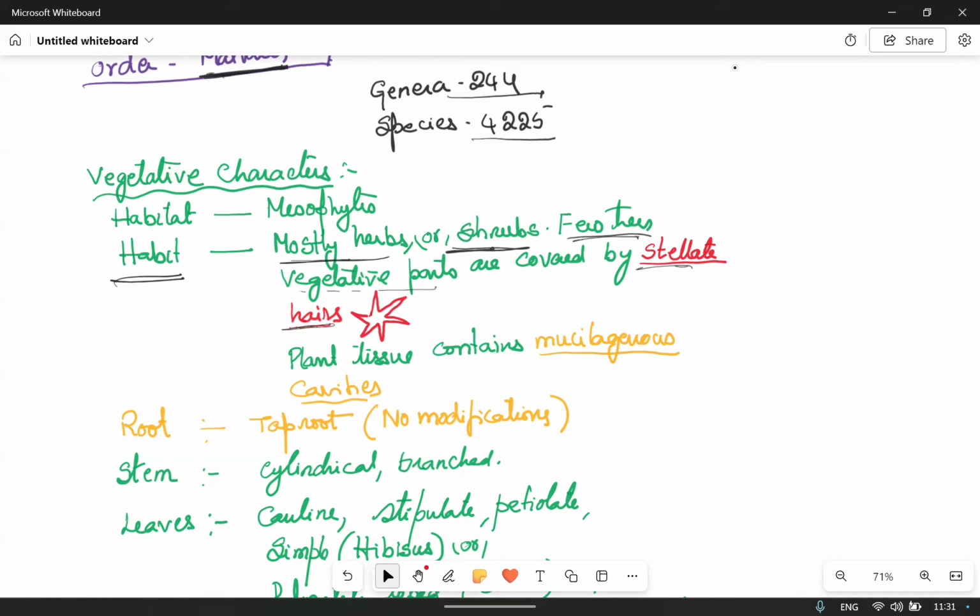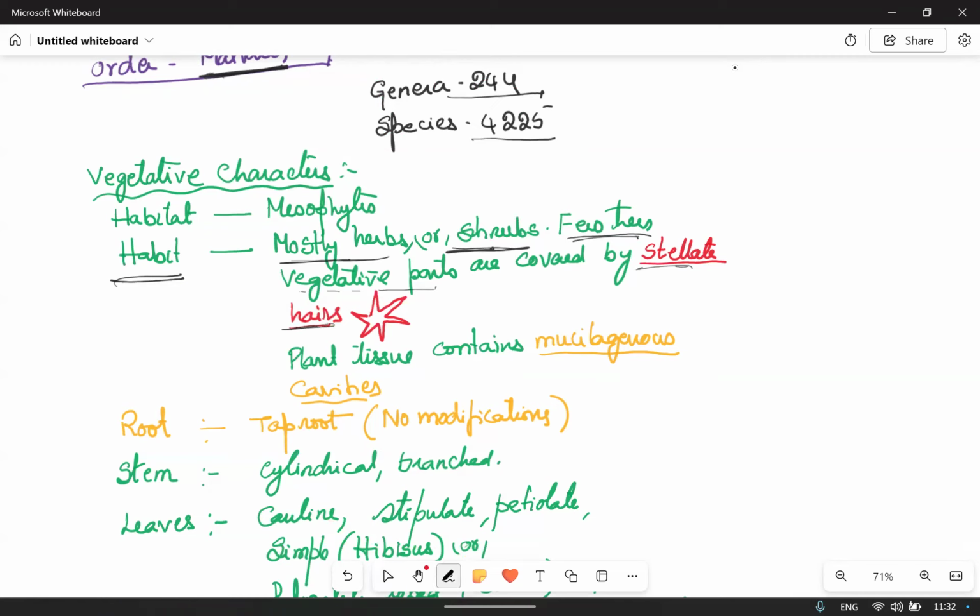Once you touch bhendi or gongura stem, you can see that rough texture because of the stellate hairs. All vegetative parts, the leaves, hibiscus leaves once you touch, have stellate hairs. Leaves, stem, and all those parts are covered with stellate hairs, very important.